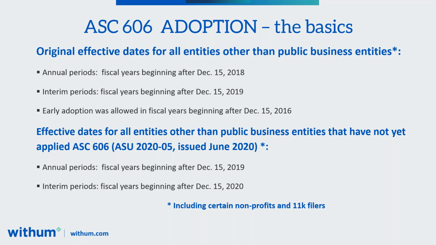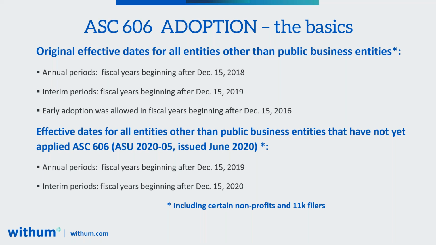And here's one that is really very recent news with respect to the effective dates. You're probably wondering, why is she putting this up here? I know when it's effective. Well, just a few days ago, the FASB released ASU 2020-05, which extended the implementation date for ASC 606 by 1 year.